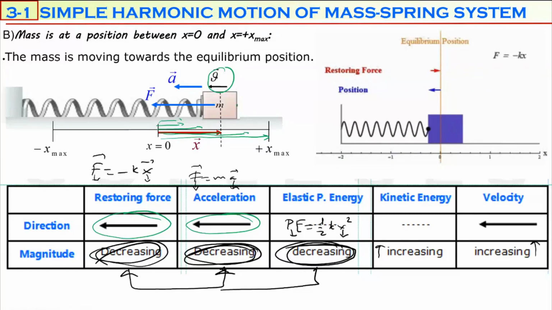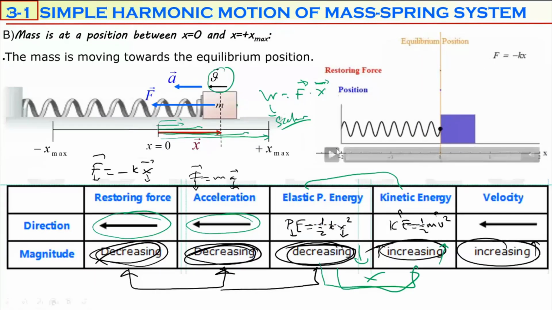If the magnitude of the velocity is increasing, kinetic energy 1/2 mv squared must also be increasing. And as I said, according to the conservation law, the sum of the elastic potential energy and kinetic energy must be constant. If one of them is decreasing, the other one must increase. They are always oppositely changing, elastic potential energy and kinetic energy.